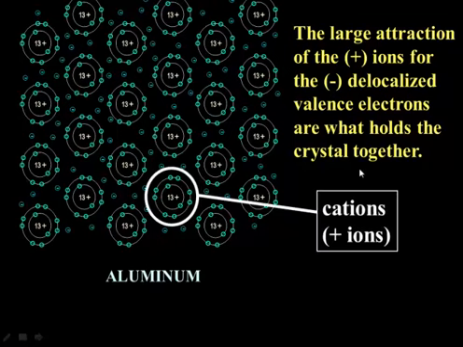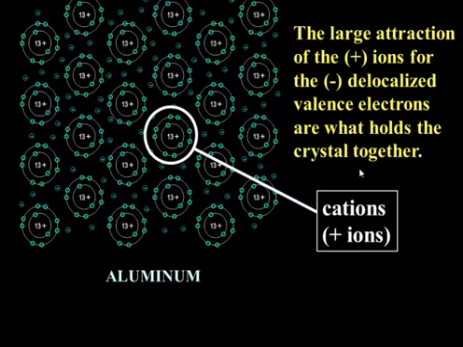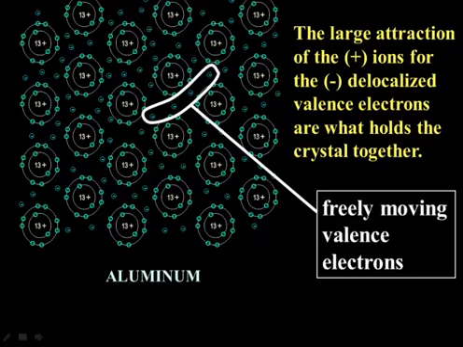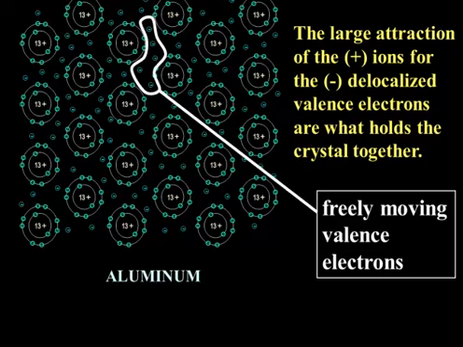As you can see, this is a cation, aluminum 3 plus, and now we're focusing on those tiny negatively charged particles we call electrons, as illustrated here. Those electrons are free to move around. However, on average, for each aluminum cation there will be 3 electrons surrounding it to make it charge neutral. Here is another bunch of free-moving valence electrons.